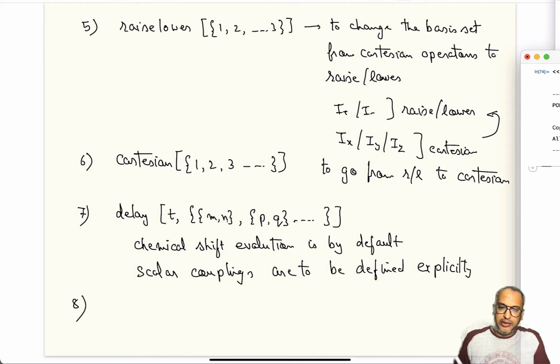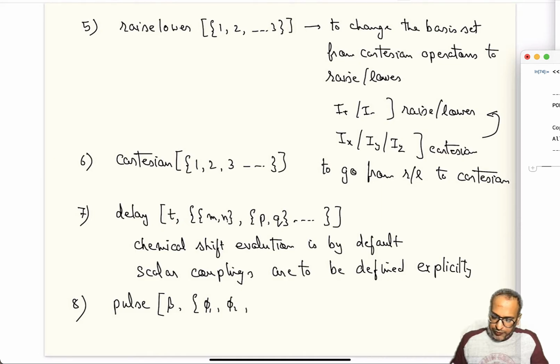Okay, then followed by delay there is a pulse command. So for pulse you also need the flip angle. What else do you need? So you need the phasing information. So let's say phi 1, phi 2, phi 3, whatever phase is there, and then it is applied on which spin.